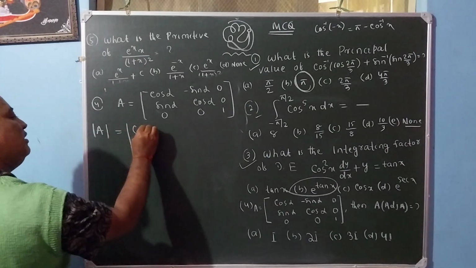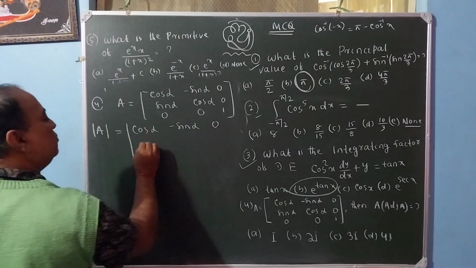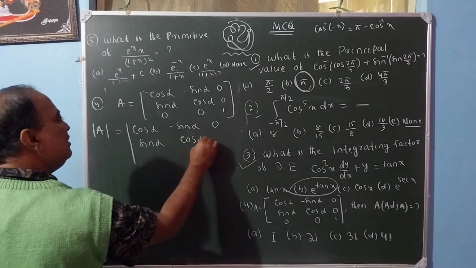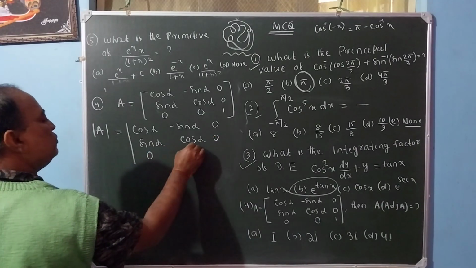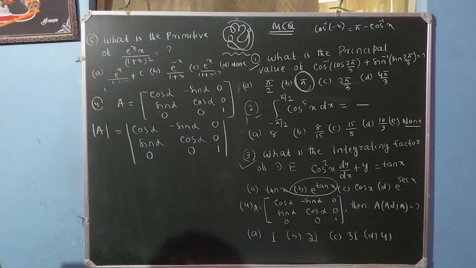Cos alpha, minus sin alpha, 0; sin alpha, cos alpha, 0; 0, 0, 1. What is the determinant value?